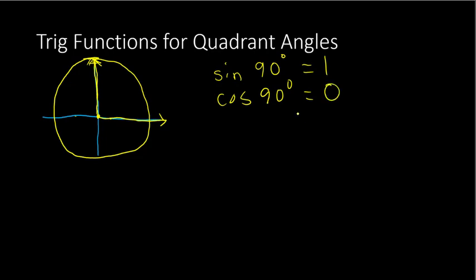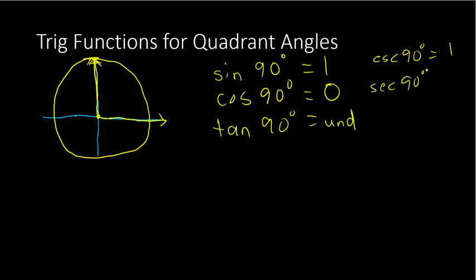So if you know that information, you can then find everything else, because the tangent of 90 is sine over cosine, which is 1 over 0, or undefined. And then you can find all the other information as well. So we can find cosecant of 90. That would be 1 over sine, which is 1 over 1, or 1. You can find secant of 90, which would be 1 over 0, which is undefined.